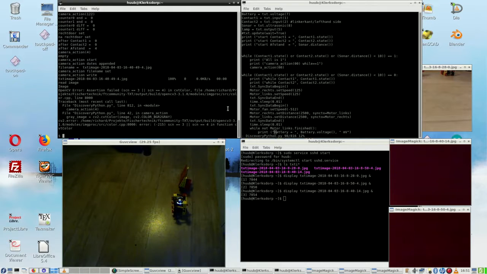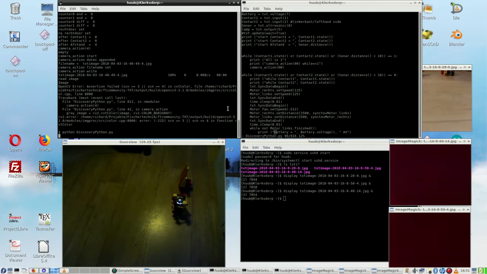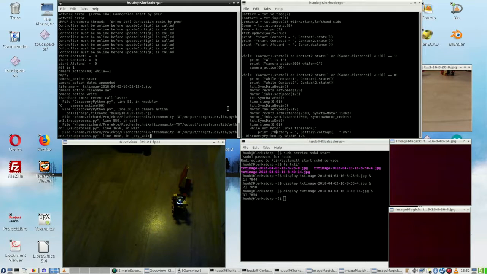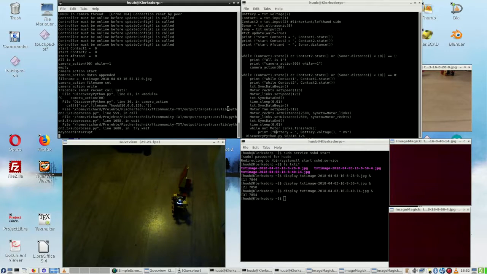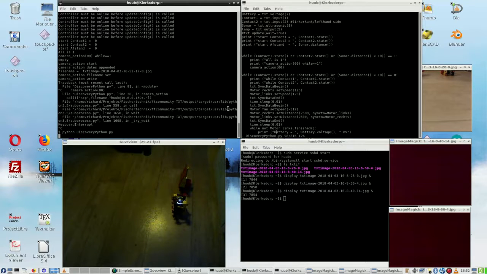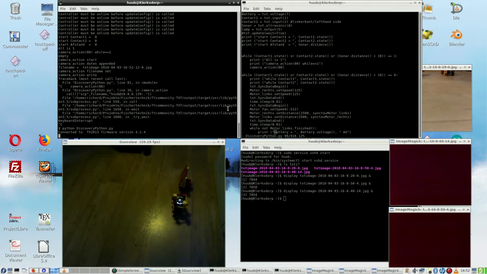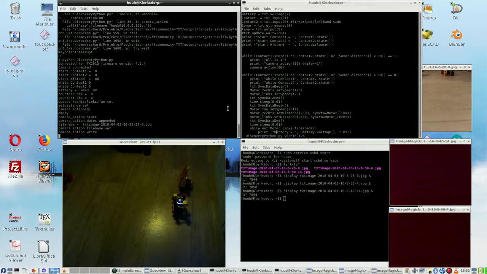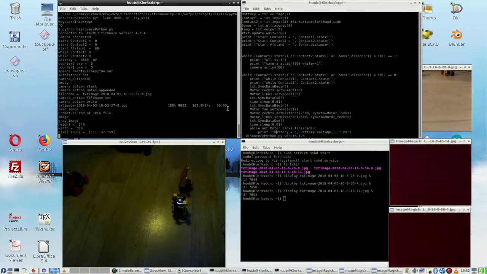So let's see what pictures are taken this time. If any are. Exactly what I expected. Well, kind of. Retry. There it comes in view.